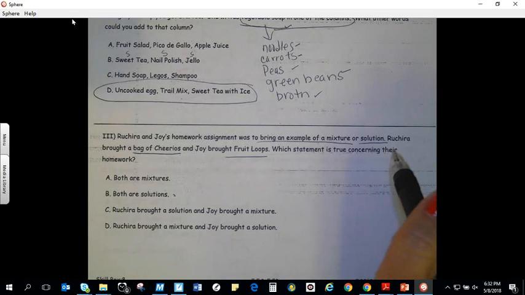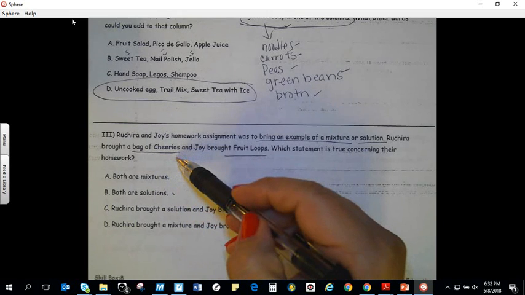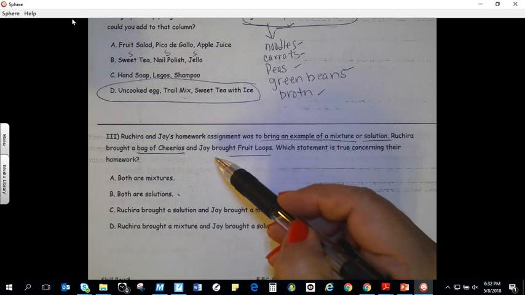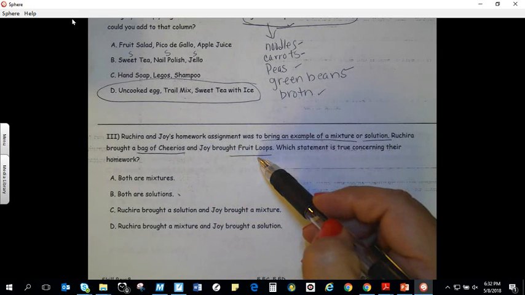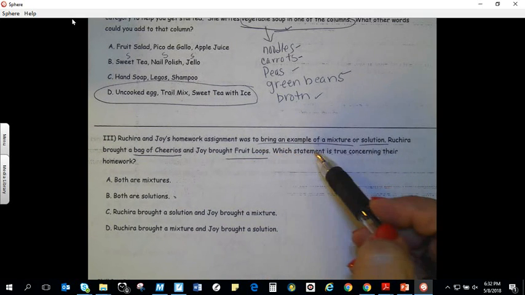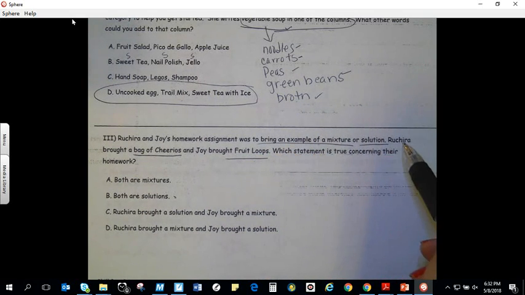Okay, so looking at this, Ruchita brought a bag of Cheerios and Joy brought Fruit Loops. Which statement is true concerning their homework? They were supposed to bring an example of a mixture or solution.